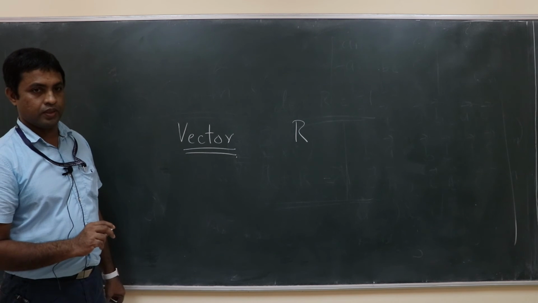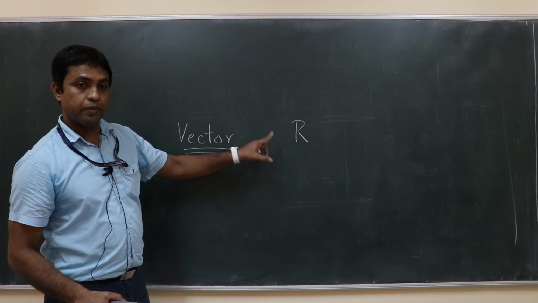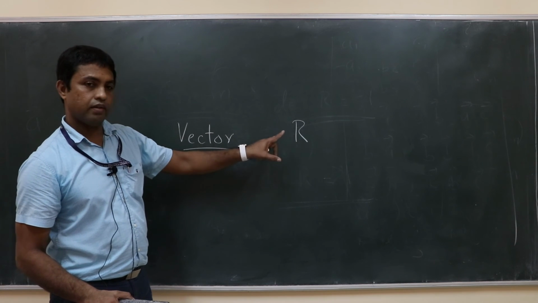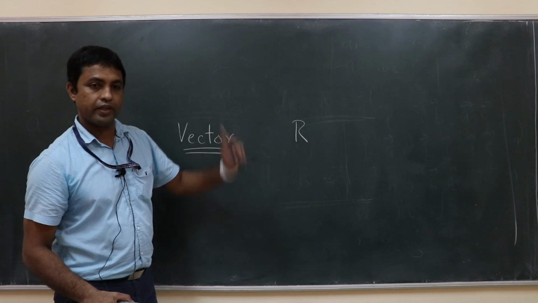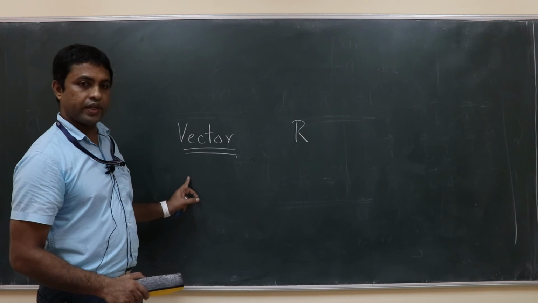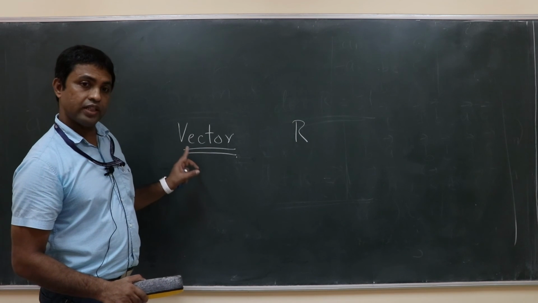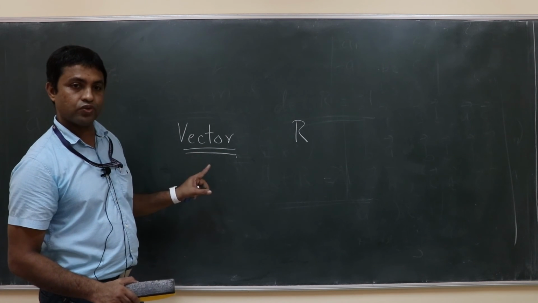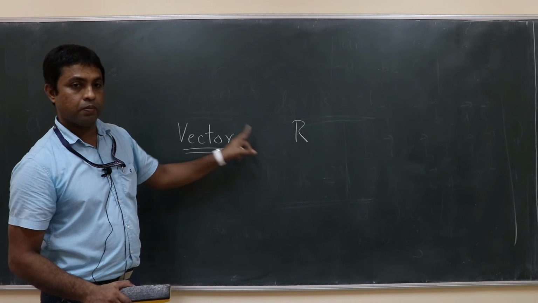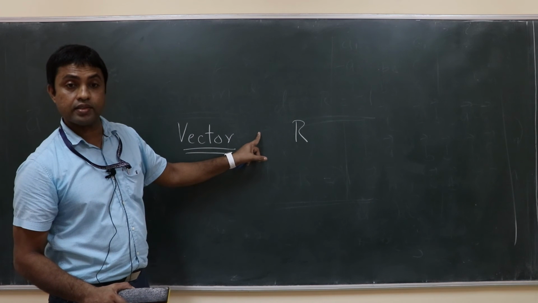Under both proper and improper rotation, it transforms like the coordinate transform. A pseudo vector transforms like a vector under proper rotation, but under improper rotation it will acquire an extra negative sign.